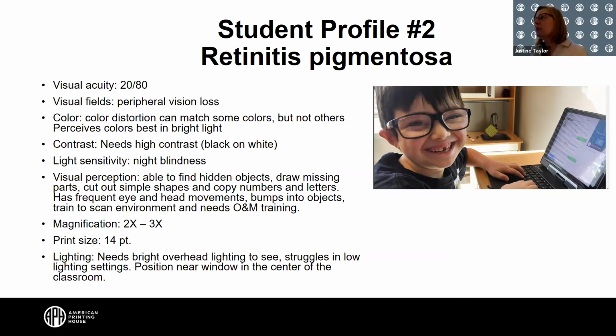Their magnification range was 2x to 3x, and their preferred print size was 14 point, and they need bright, overhead lighting to see. They struggle in low lighting environments, and you would want to position this student near the window in the center of the classroom, so they can get the best positioning for lighting and to see with their central vision straight ahead at what's being demonstrated in the front of the classroom. So that's our second student profile.